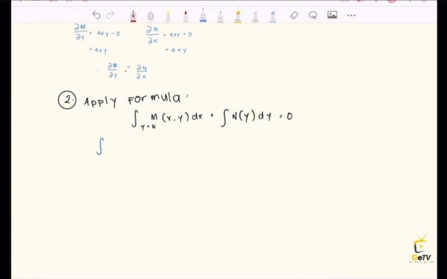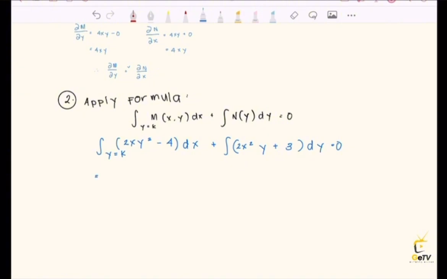So in this part, we're going to apply the equation to the formula. y will be the constant and we will write the value of m, which is 2xy squared minus 4, dx plus n, which is 2x squared y plus 3, dy equals 0.